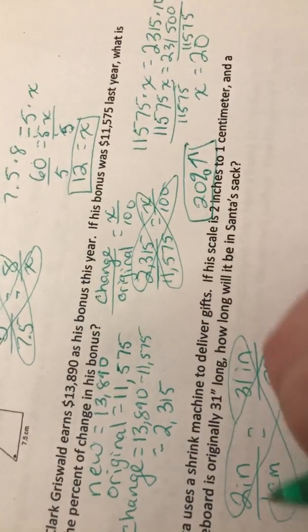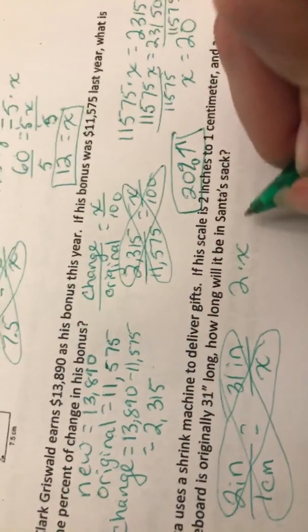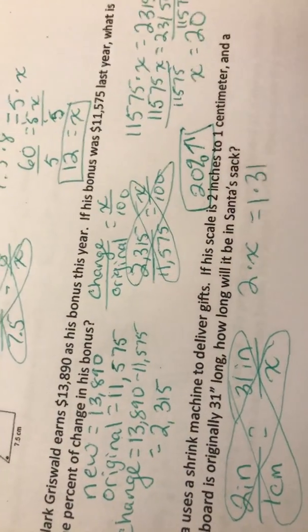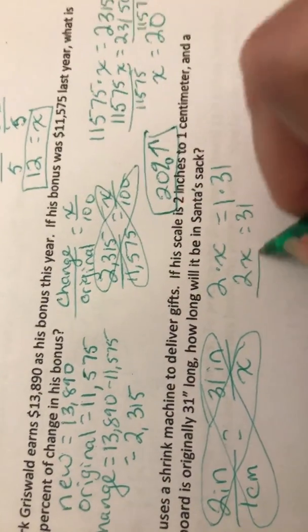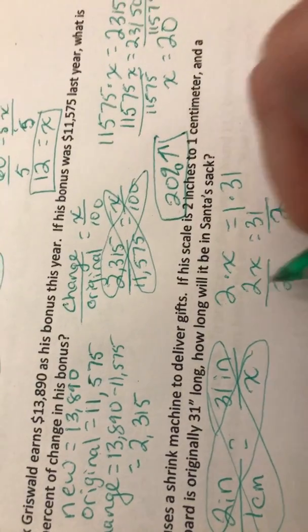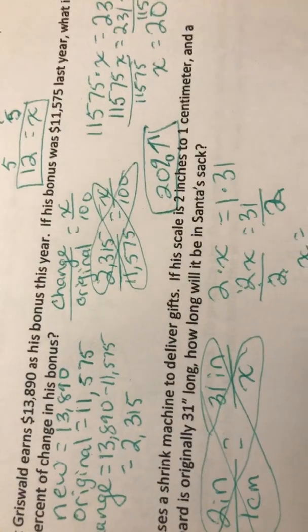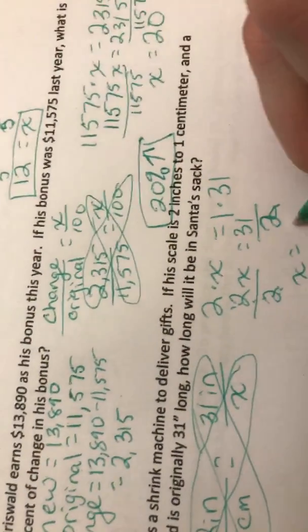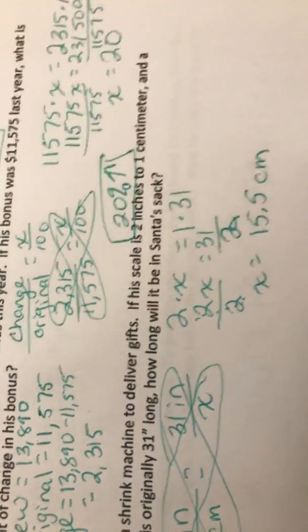We draw on our band-aids. That gives us 2 times x equals 1 times 31. 2x equals 31. We divide both sides by 2 to get x by itself. My 2's cancel. I'm left with x equals 15.5 centimeters.